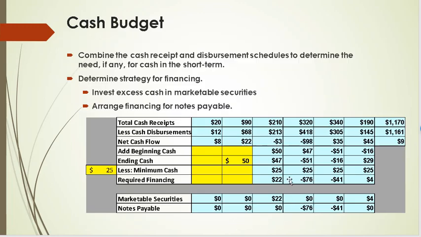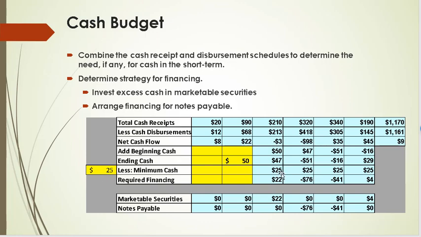So if we combine these things together, here are cash receipts and cash disbursements. Next month, we expect to have $3 less come in the door than went out the door. What was our beginning cash? We started with $50, so we'll end up with $47. Our minimum cash balance, which is very important, is $25.